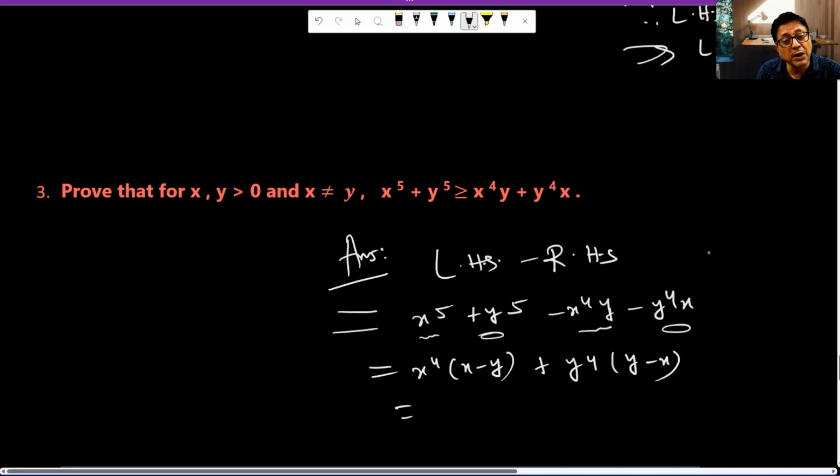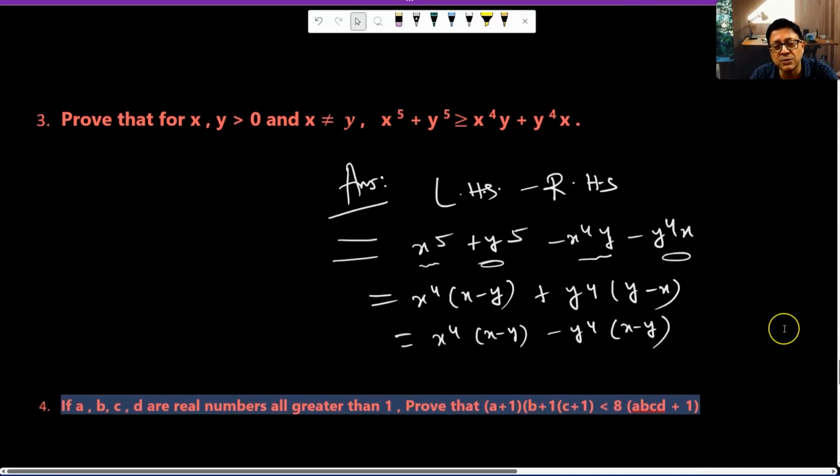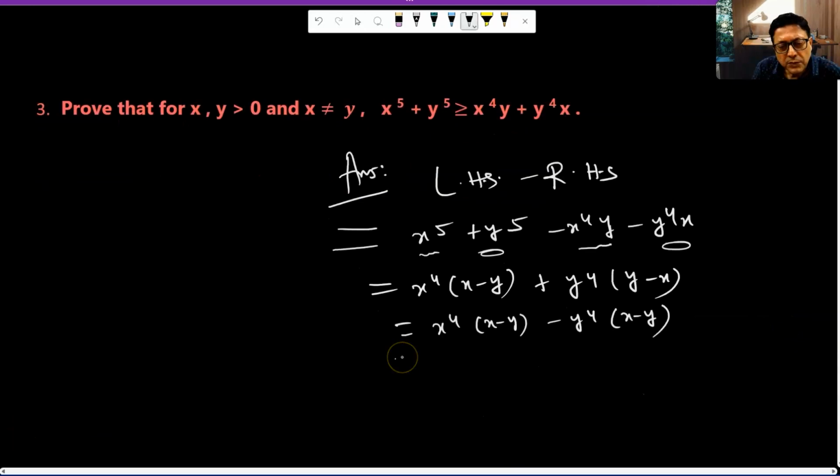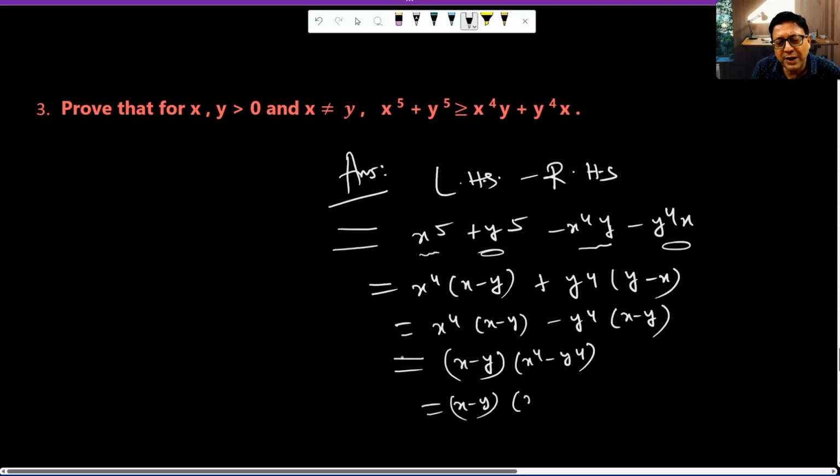Now this is going to be what? x4, x minus y minus y4, x minus y, isn't it? Again take x minus y common, x4 minus y4, factorize it again.